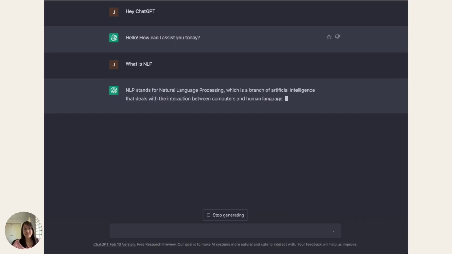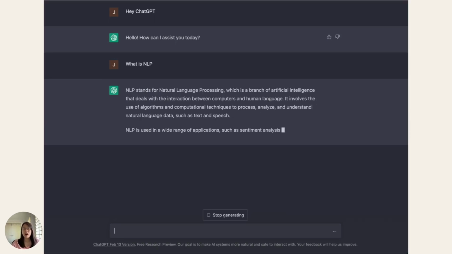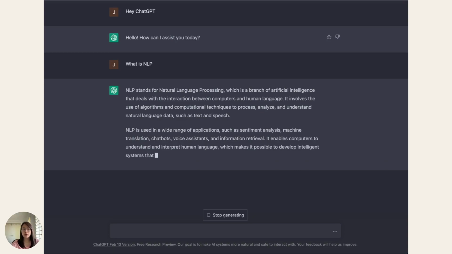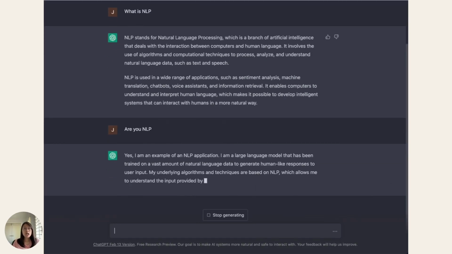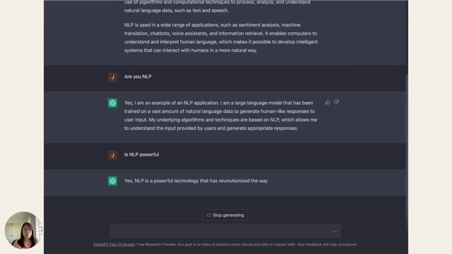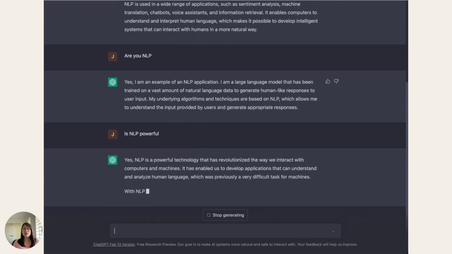Now, OpenAI has successfully developed a system that allows computers to communicate with us humans in everyday language, just like a friend or a mentor that's able to give us advice and help us with basically any questions we have in mind. And it can even reply to us with a sense of humor.